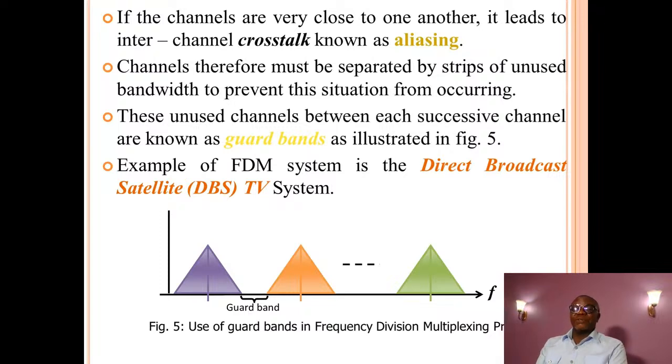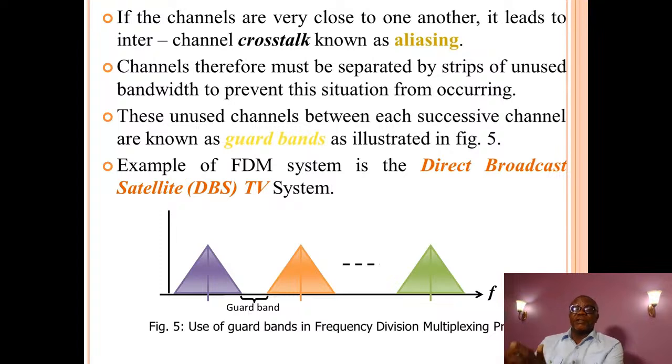An example of a frequency division multiplexing system is the direct broadcast satellite TV. If you look at DSTV here, you see that it's only one satellite channel that brings all the signals to your home. Now you have a small decoder that separates the channels so that you can select this channel, that channel, CNN. Those are independent, different people transmitting their own channels.